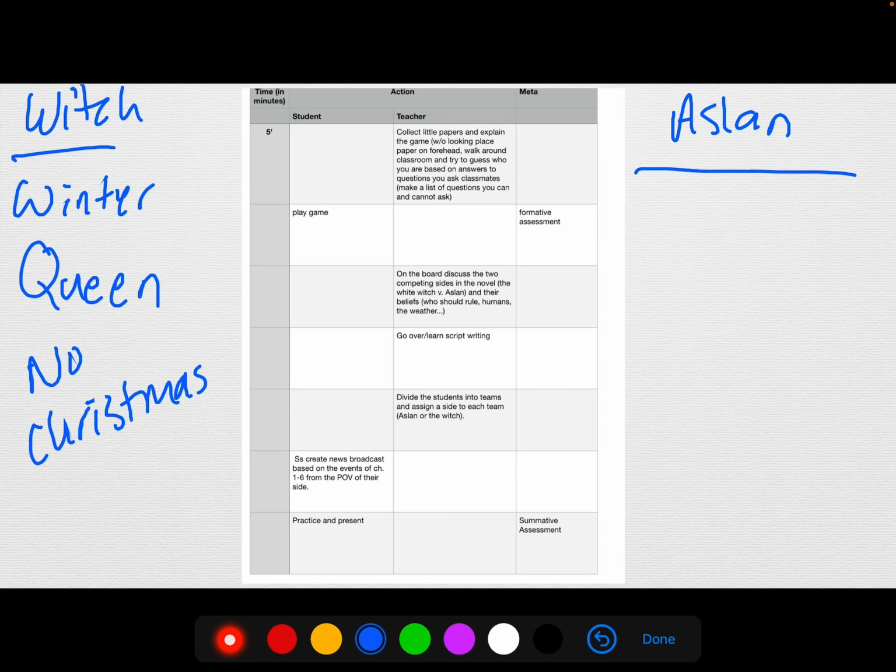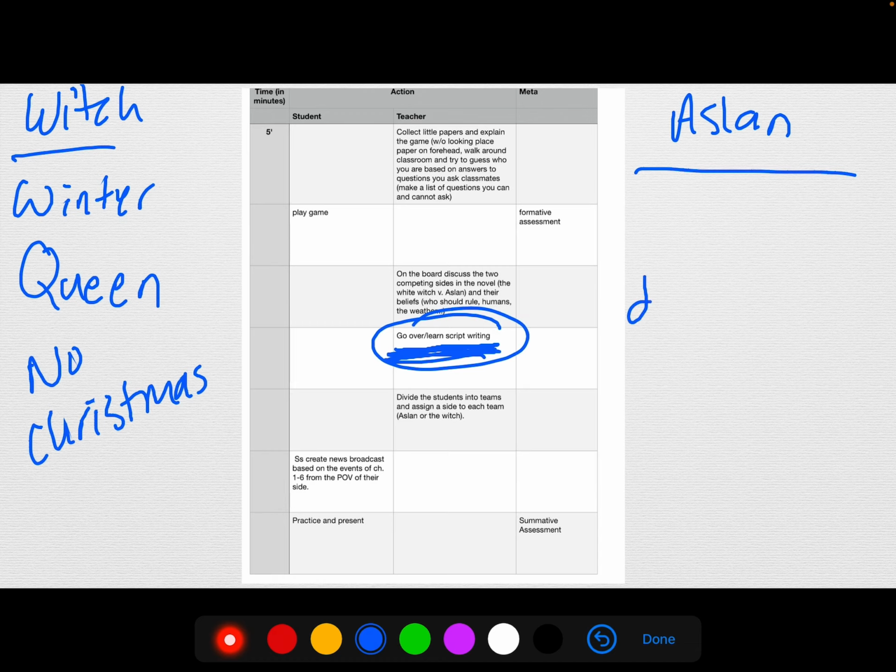And then this one right here where we go over learn script writing. This is something that if it's my class, by the time we get to chapter 6 of a novel, students have already heard me say this, where I give a brief review of how to write a script.